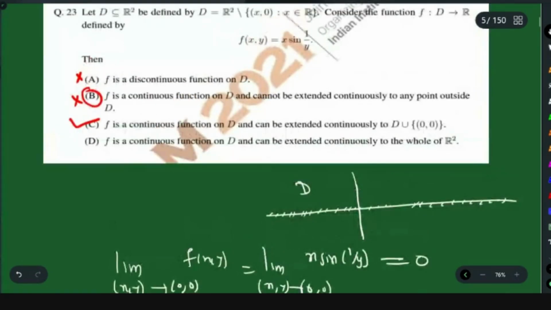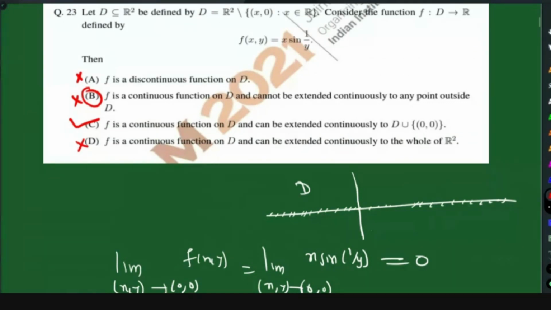It says F is a continuous function on D and can be extended continuously to the whole of R2. Is it correct or wrong? It is wrong. So only the third option is correct.